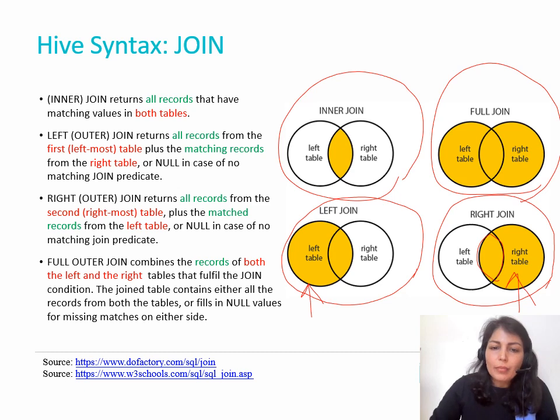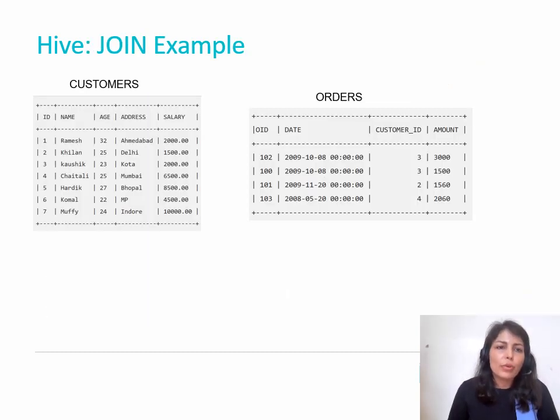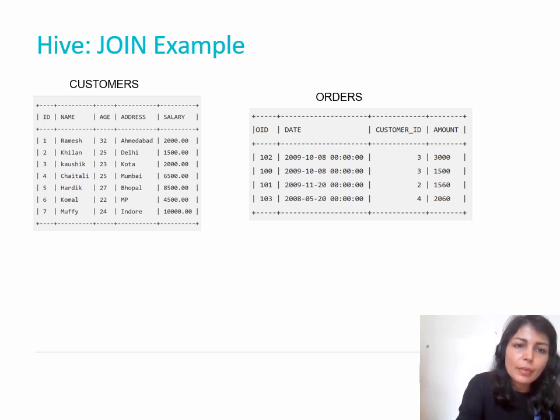Okay, let's see an example for inner join or join. As you can see, we have 2 tables: customers, which has information about customers, and orders, which has information of all orders. In the customers table, we have ID, name, age, address, and salary of each customer.